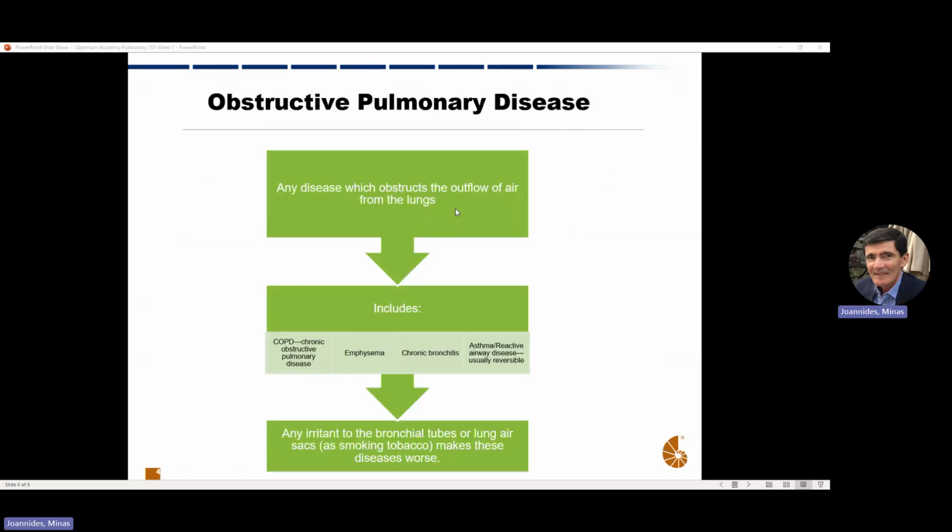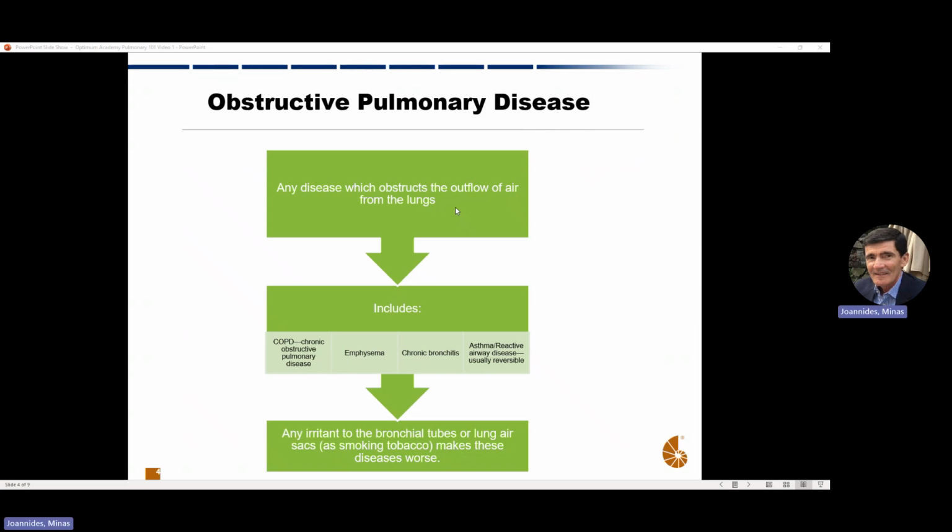So let's talk about obstructive pulmonary disease, which is any disease which obstructs the outflow of air from the lungs. This includes COPD, chronic obstructive pulmonary disease, emphysema, chronic bronchitis, or asthma, or reactive airway disease.